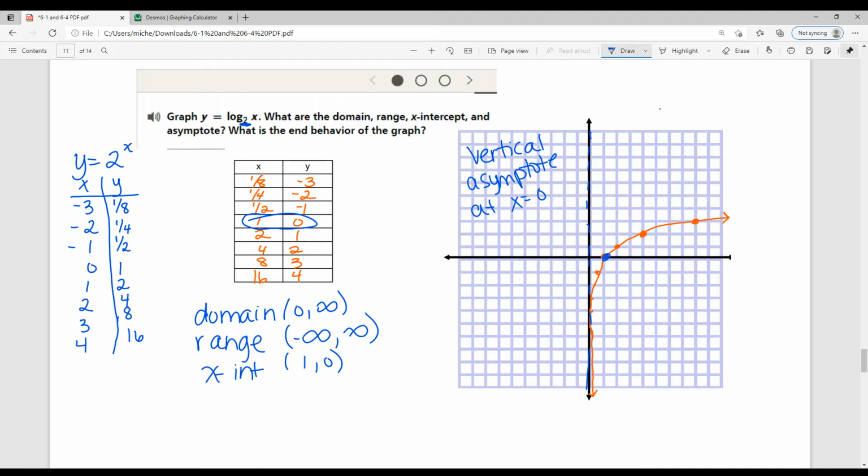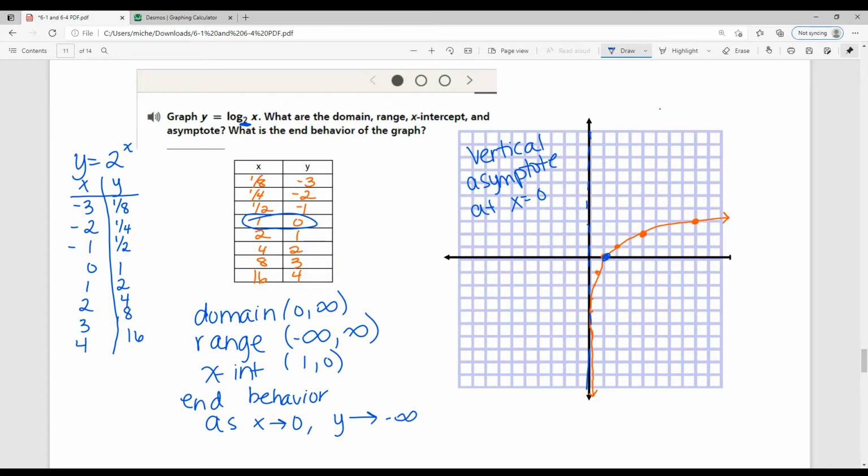And what else do we need to find? We found the asymptote already. And end behavior. Now this graph is interesting because there's not really a left part, so we have to start where the vertical asymptote is, at x equals 0. So we can say as the x values approach 0 from the right, the y values approach negative infinity.